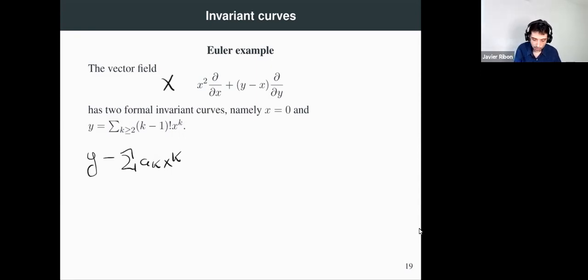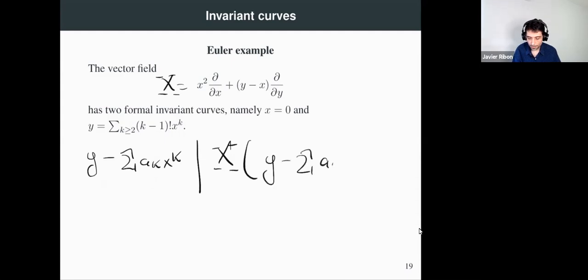If we call this vector field X, the equation is that this function over here divides the result of applying X to the same function. Okay, we are working in the ring of formal power series.